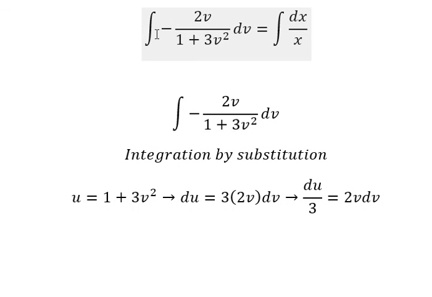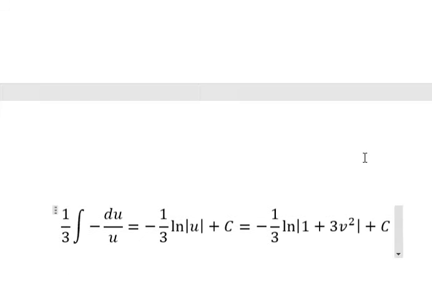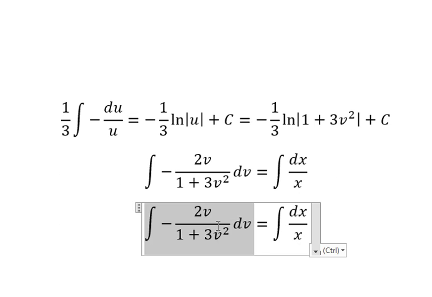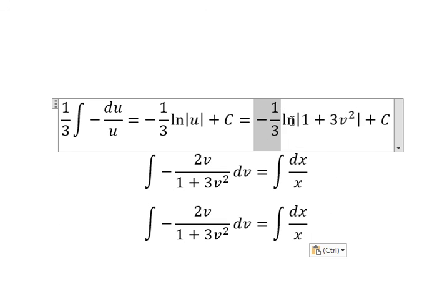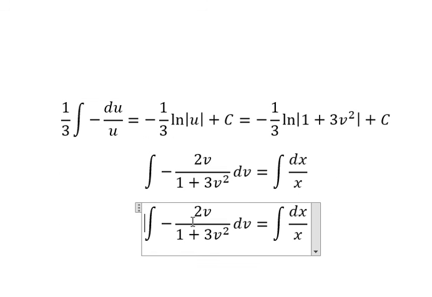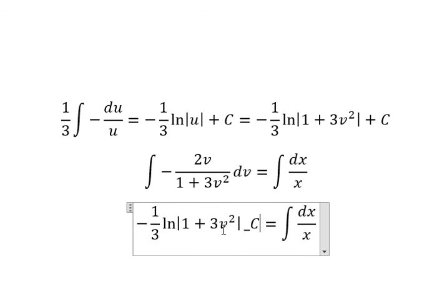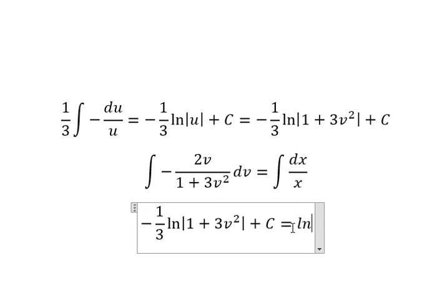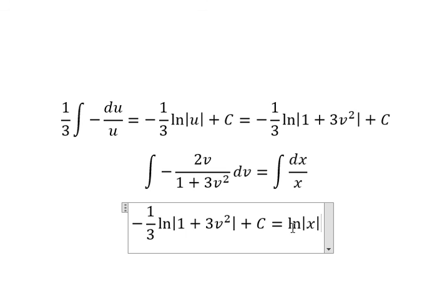And now we go back in here. The integration of this one, that is this one. About this one, you get ln of the absolute value of s.